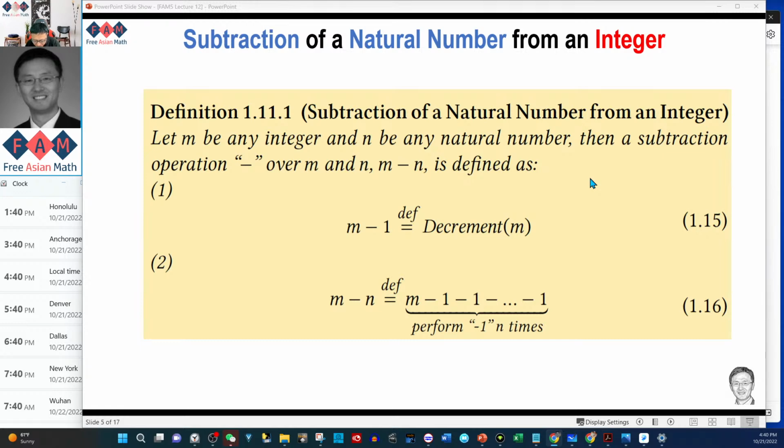And the way to define that is starting with this integer, which m could be negative, we just repeatedly perform this capital D decrement operation, which is very similar to how we define it. But the difference is now we are using the capital D, so the new decrement operation can go across 0 to the left-hand side of 0 on the number line.